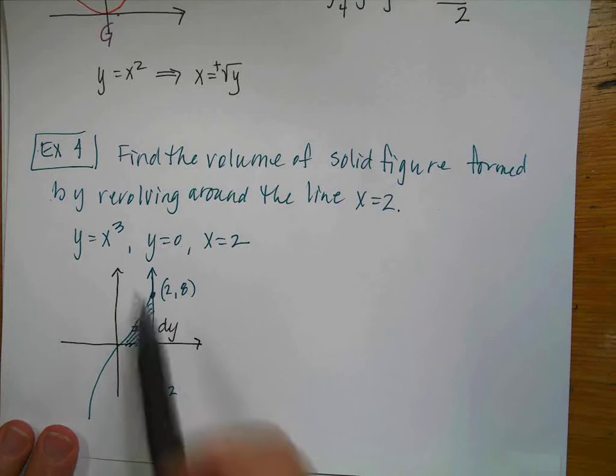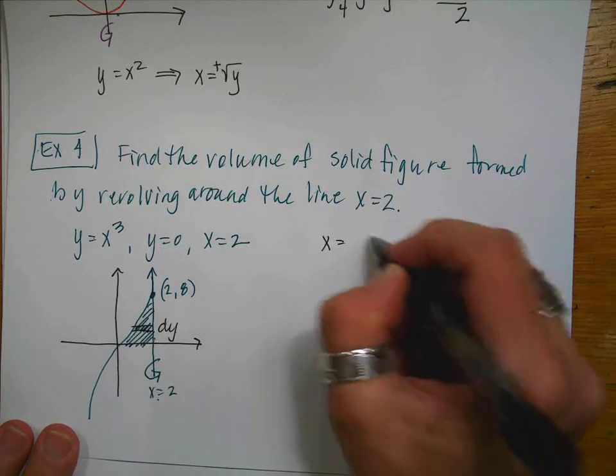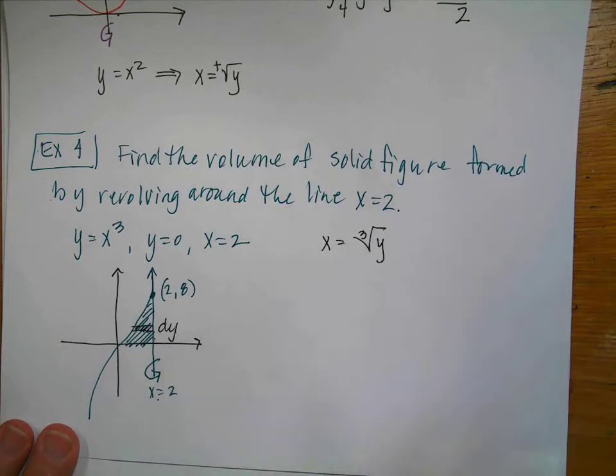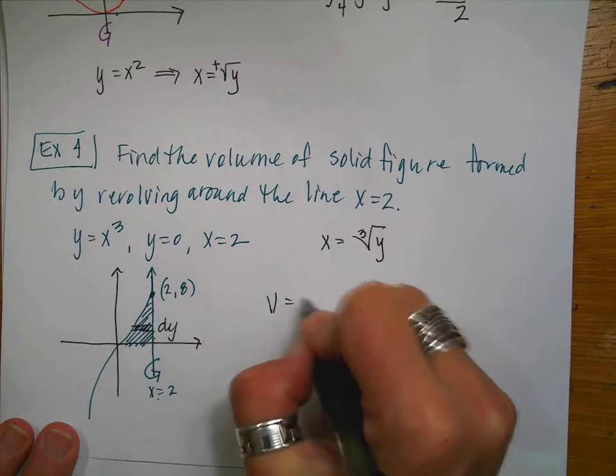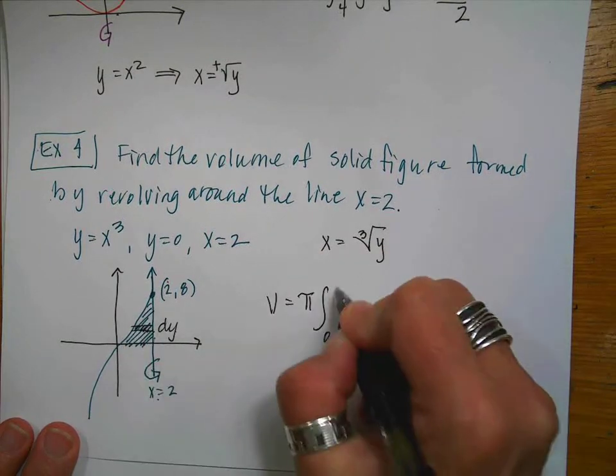Again, I'm going to have a dy, okay? Since I have a dy, I need to rewrite this equation. So x is going to equal the third root of y, okay? It's always going to be right minus the left. So when I set up my volume equation, here's the pi.